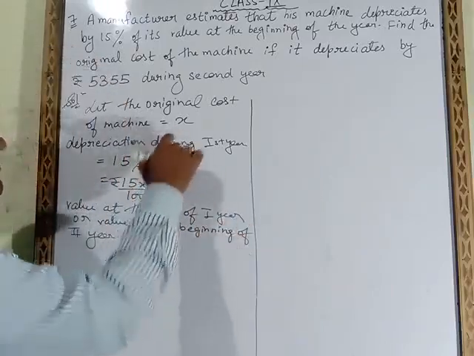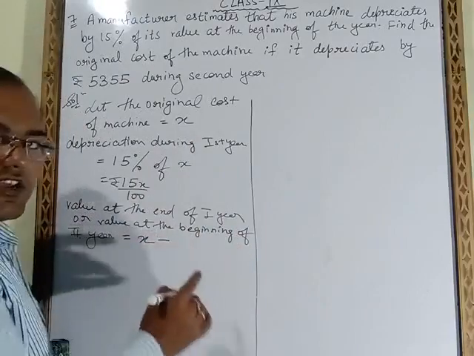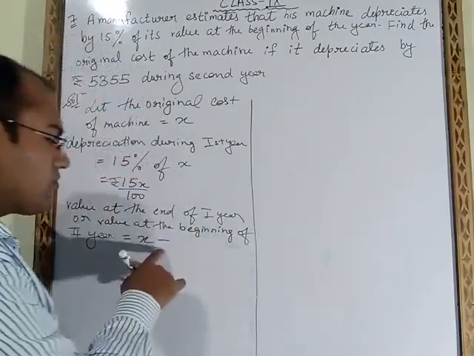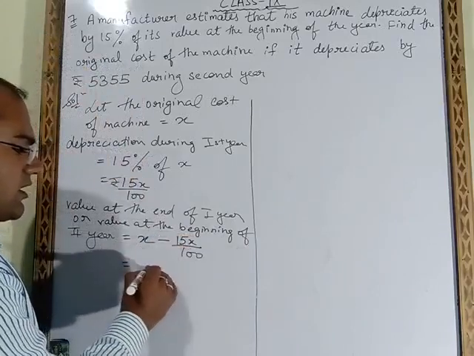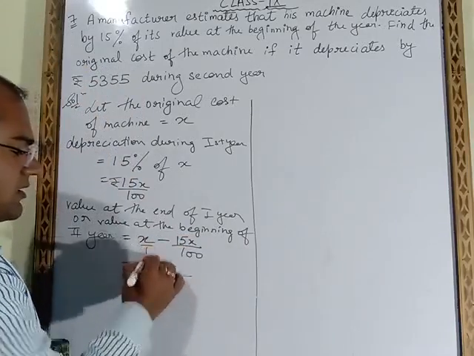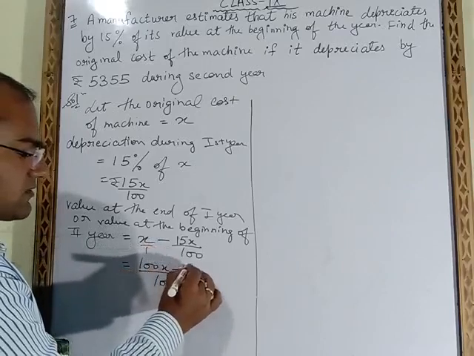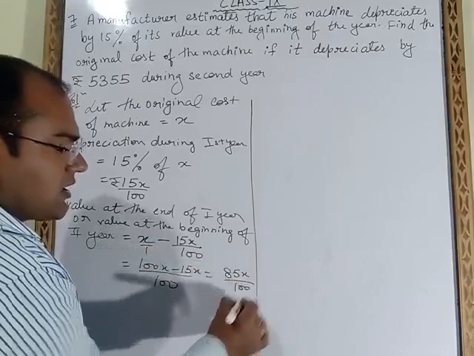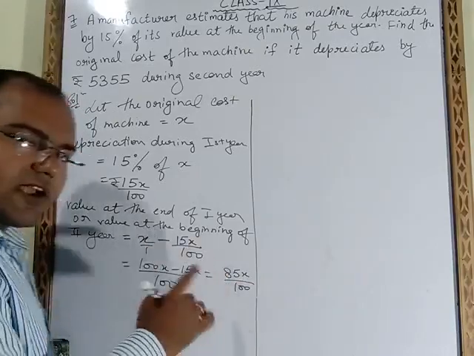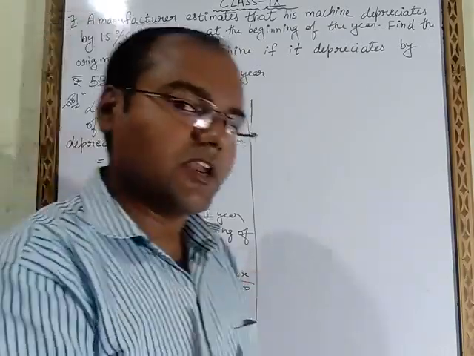So earlier cost of the machine was x, but in the first year its value got reduced, so we have to subtract 15x upon 100. Now we will take LCM. Here it will be 100x minus 15x. On subtracting, we will get 85x upon 100. So this is the value at the end of the first year, or at the beginning of the second year.